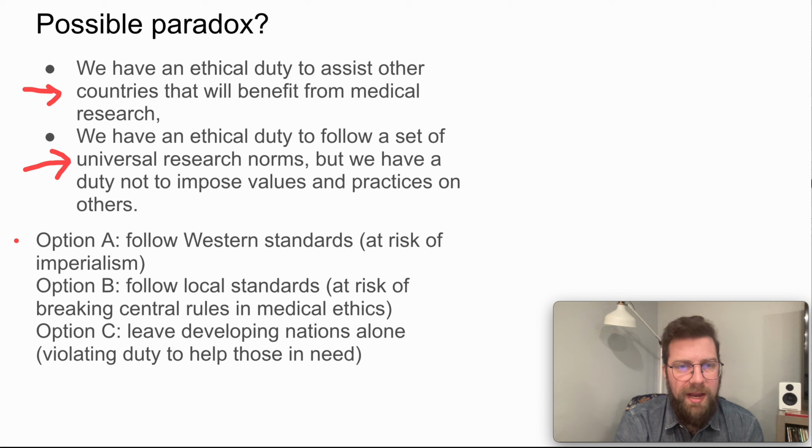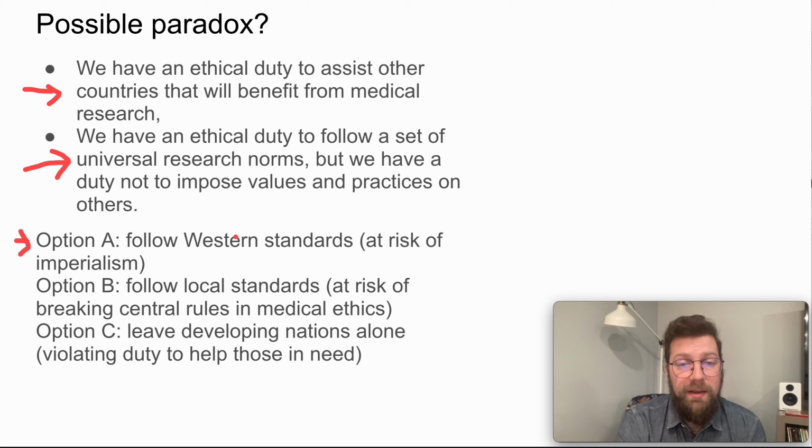Now, with option A, we might follow the universal set of norms, but there's a concern that this might lead to imperialism. Option B, we might follow local standards. Well, that would help us not impose values, but we might fail by certain research norms. And option C, leave developing nations alone.